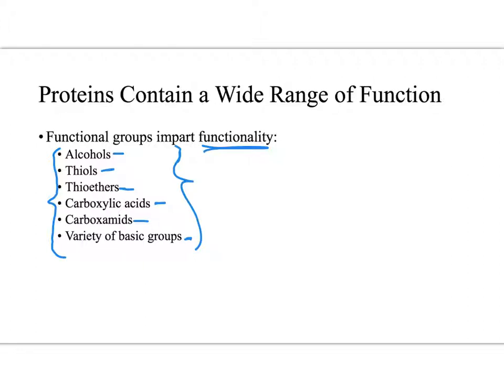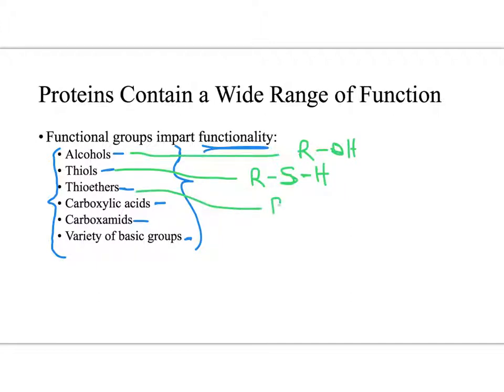So remember that in an alcohol, we have some R group with a hydroxyl group. Thiols, we have some R group, and then we have a sulfur and a hydrogen. The thioether, we have an R group, a sulfur, and another R group.